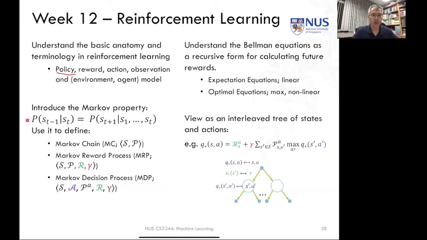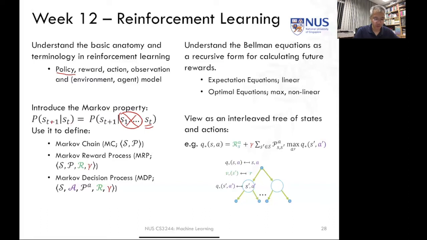We introduced the idea of the Markov property, which is just to say that all information that we need to make a decision at the next time step, this should be a +1, is encoded in the current time step. Okay, so we don't need all of this information here. We can throw that away and just use the current state to figure out what to do next.